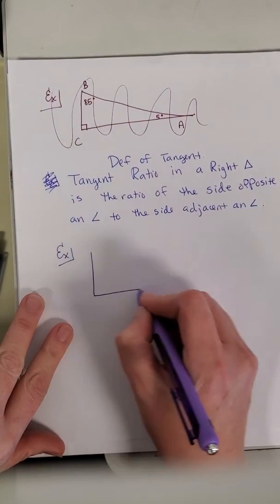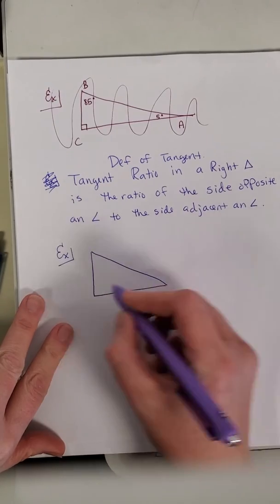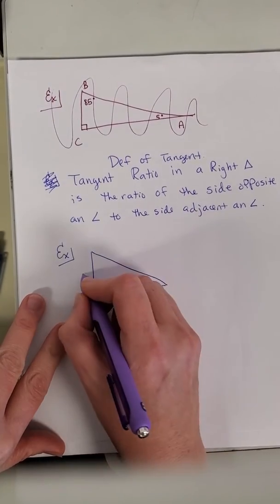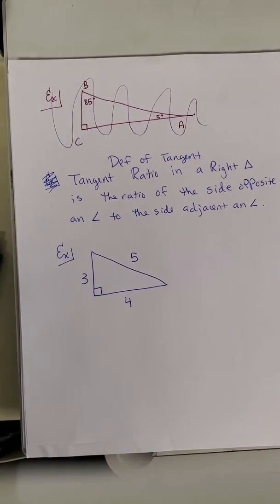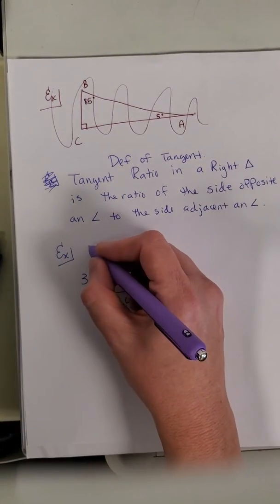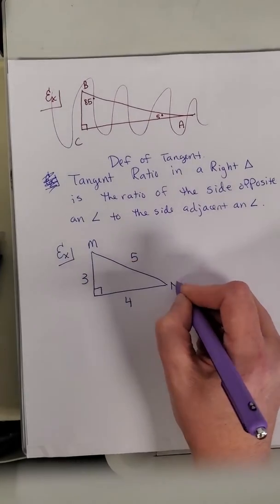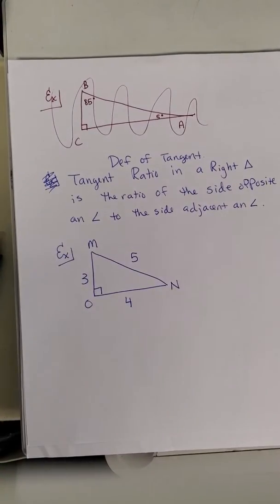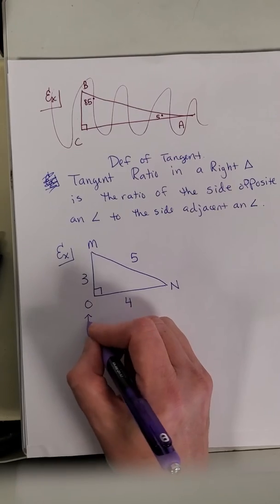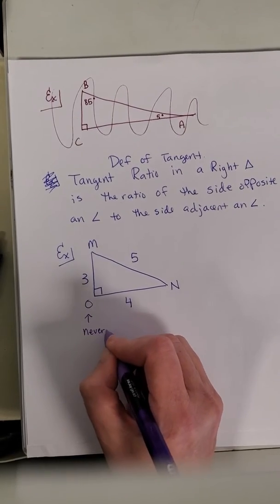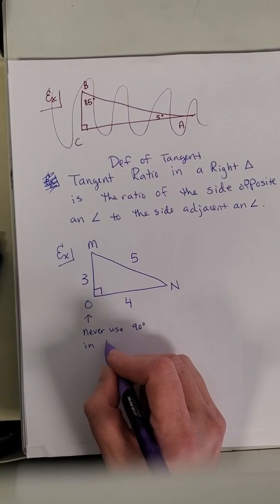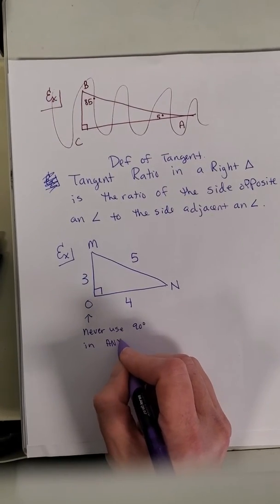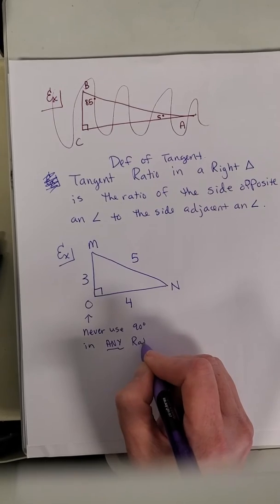And I'm going to make one of our famous Pythagorean triples. We'll make this a 3, 4, 5 triangle. And we're going to call this triangle M, N, O. Now we will never use the 90-degree angle in any ratios.